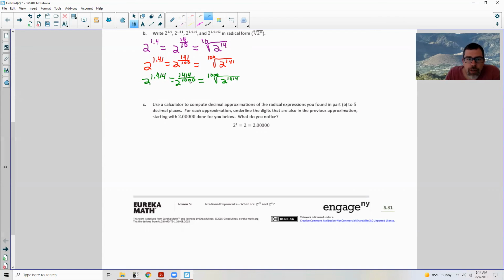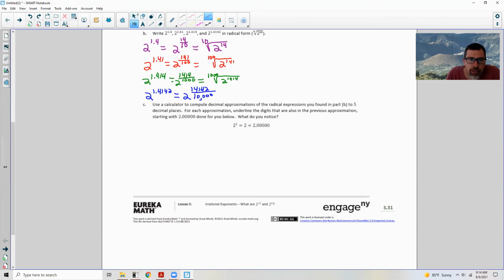And finally, 2 to the 1.4142 equals 2 to that number without the decimal, tenths, hundredths, thousandths, ten-thousandths. Okay, and that's an exponent, by the way.